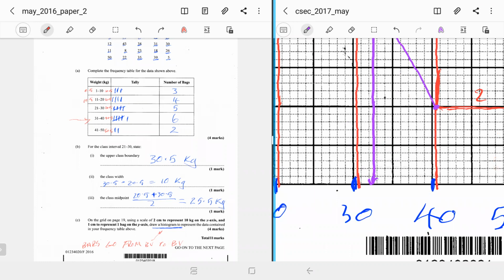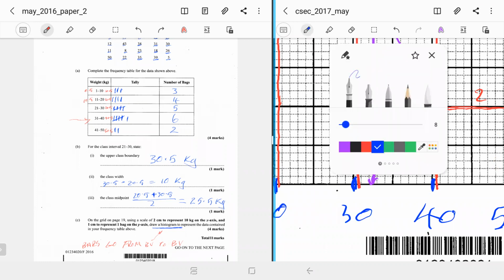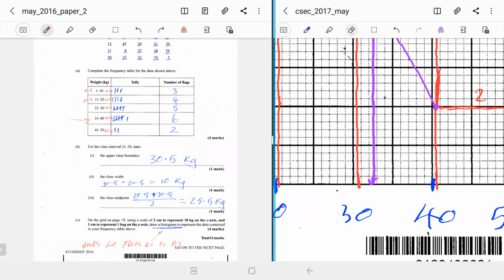Let's use the blue. Remember, this is 30, 31, 32, 33. So between 32 and 33, right there is 32.5. 32.5 kilograms becomes your mode, your estimated mode.